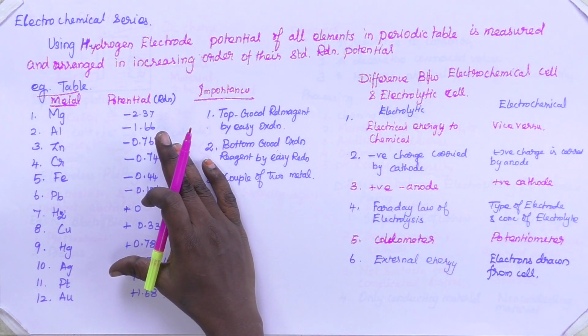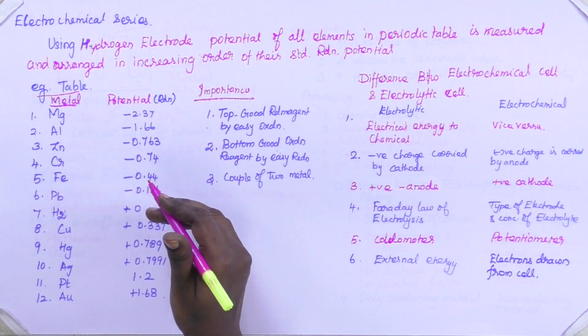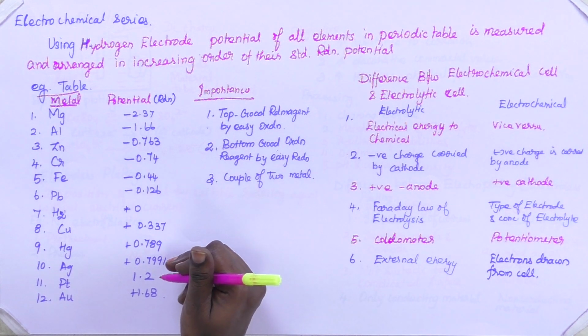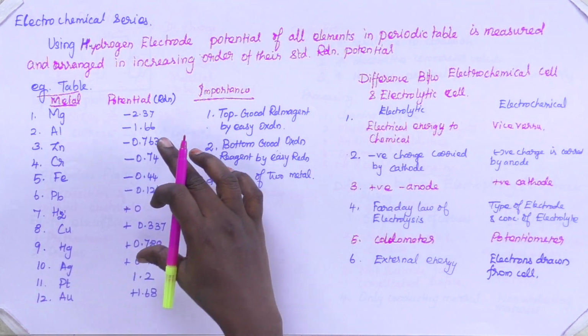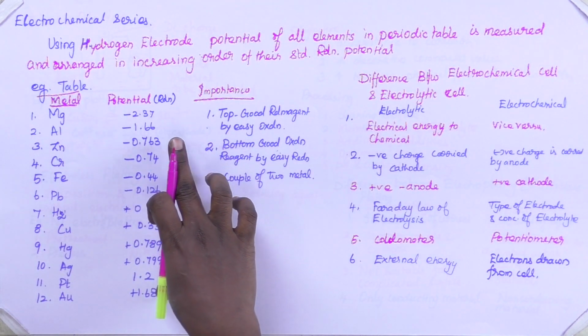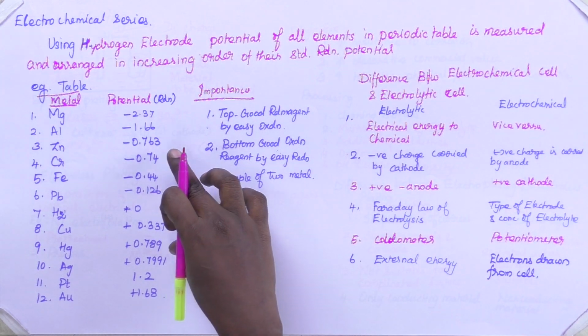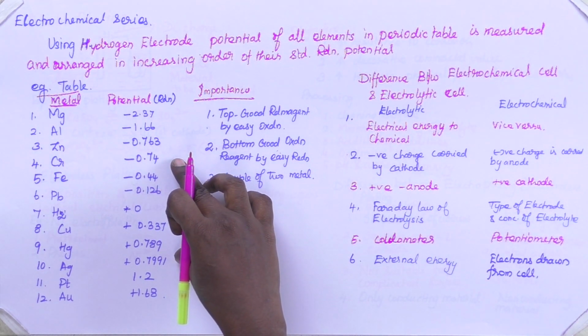If we have 108 elements in the periodic table, we can create that many electrodes, and that will be available in the Jain and Jain engineering chemistry book. I can write only 12 here, so I write important metals and their reduction potentials.